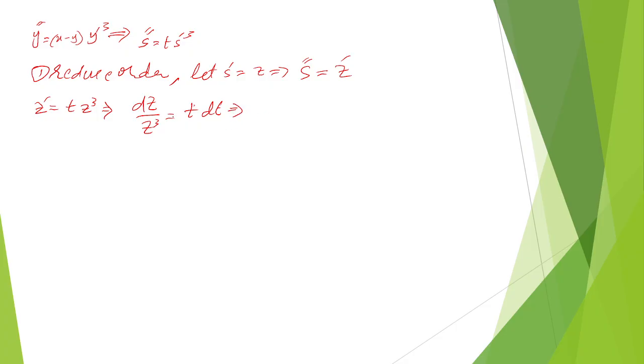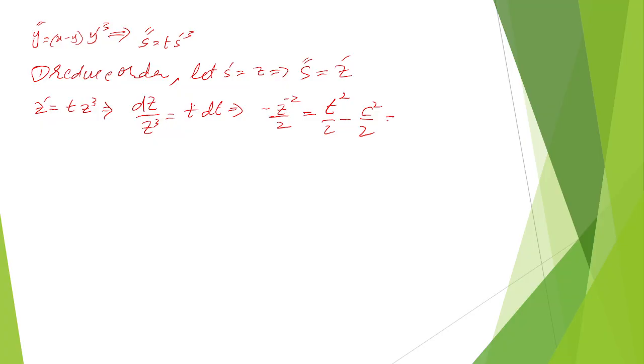Integrating it using the power rule over here, that is minus z to the minus 2 over 2, is equal to t square by 2, and I'm taking the constant to be minus c square, let's say. That is an integration constant I take.